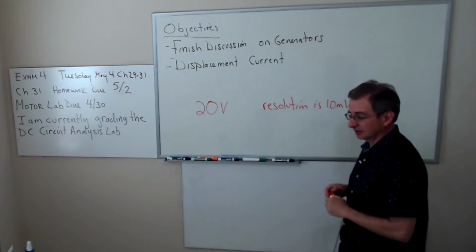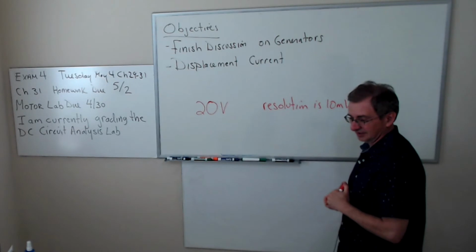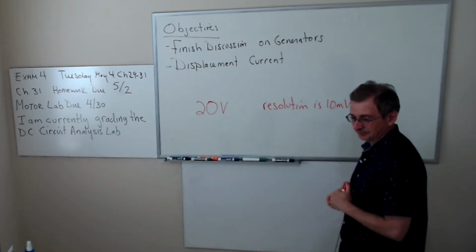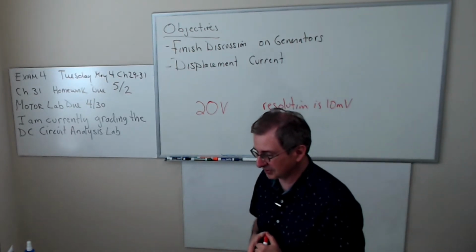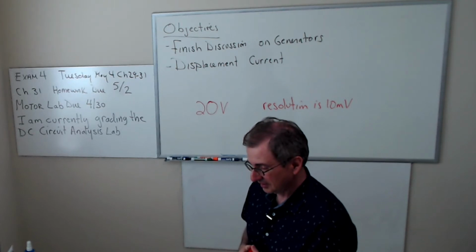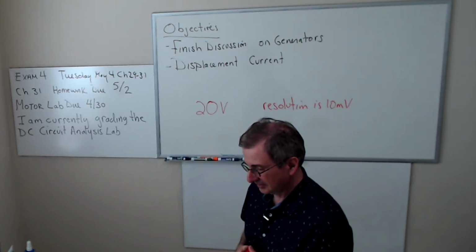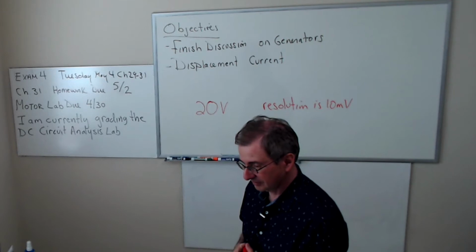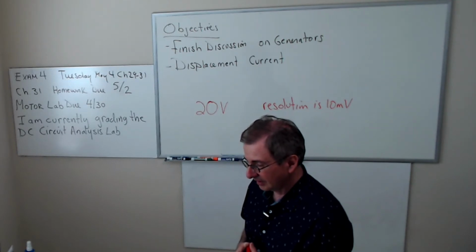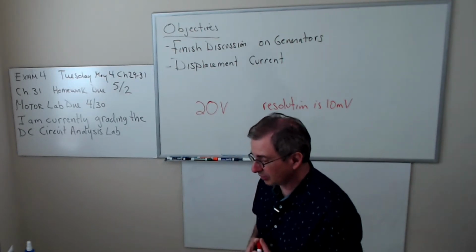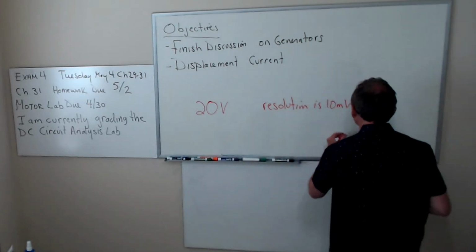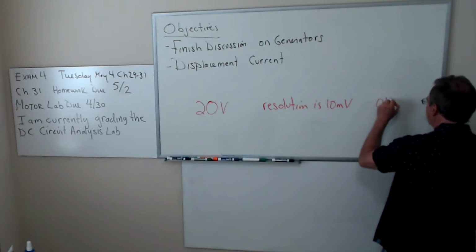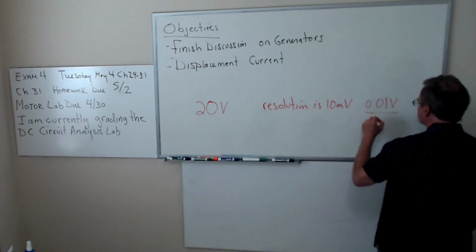What does that mean? What's the resolution mean? Does anybody know? Yeah, it means that it can measure 0.01 volts, right? So resolution means that on this scale, it reads 0.01 volts.